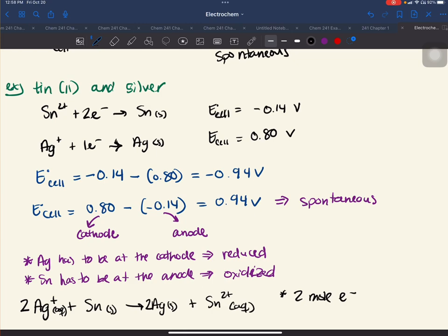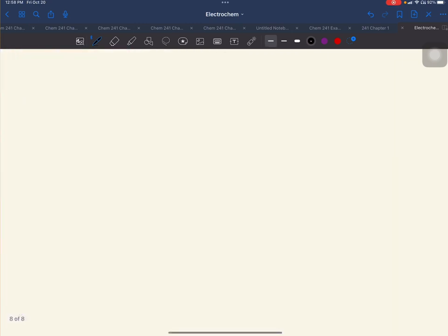So now we can relate the free energy and the electrical energy. So that is looking at delta G and E cell.